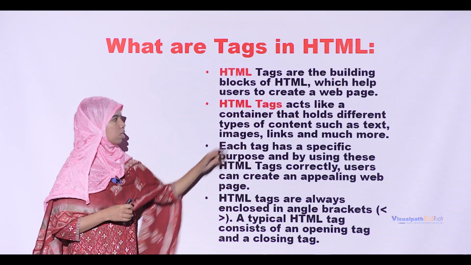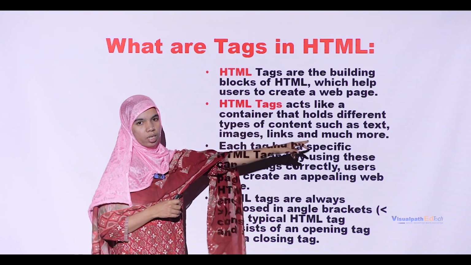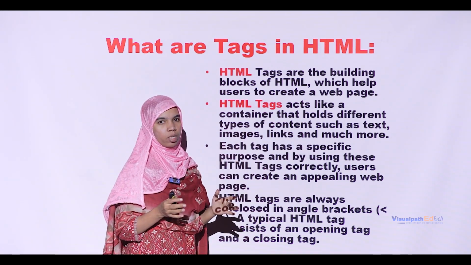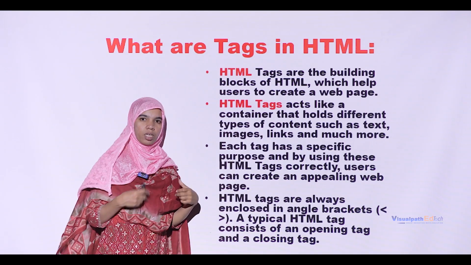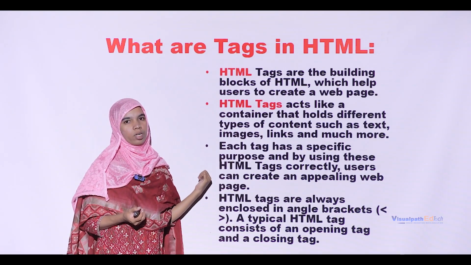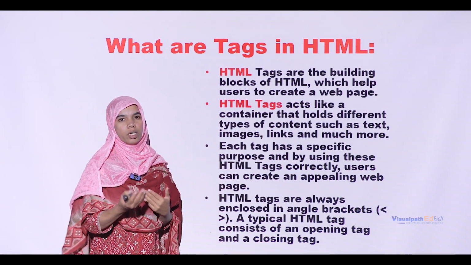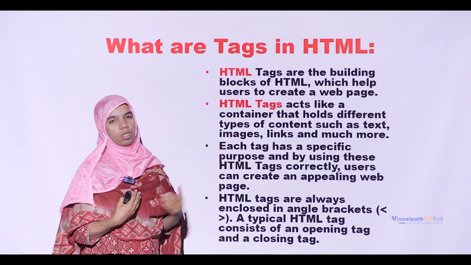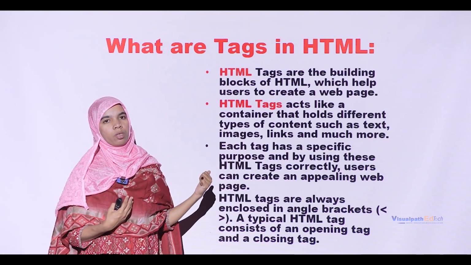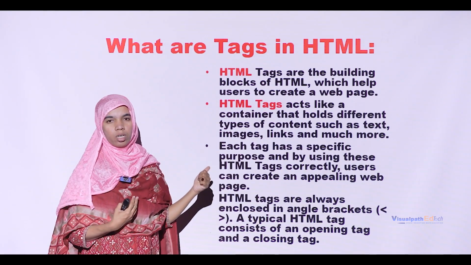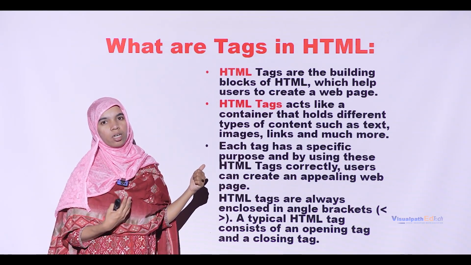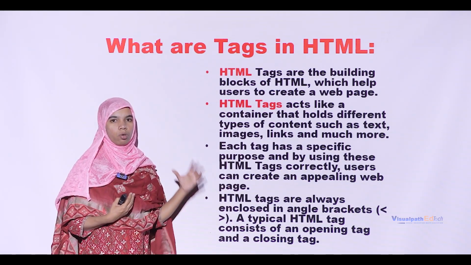For example, if you want to display text, we have certain tags for it. If you want to display an image, you have certain tags for it. If you want to link between two web pages, we have tags for it. So what is a tag over here? It is acting as a container for storing the content.